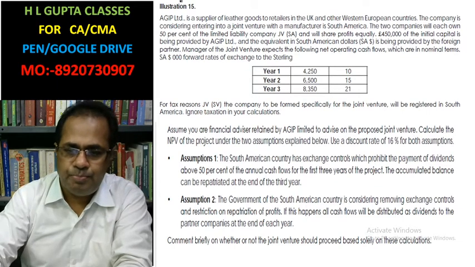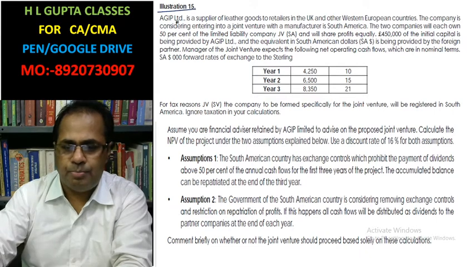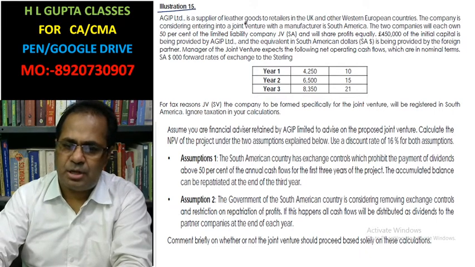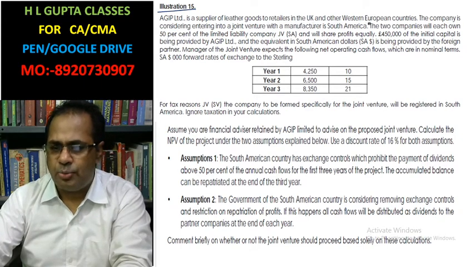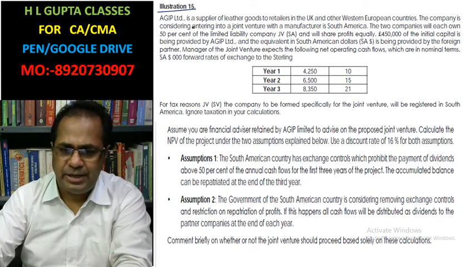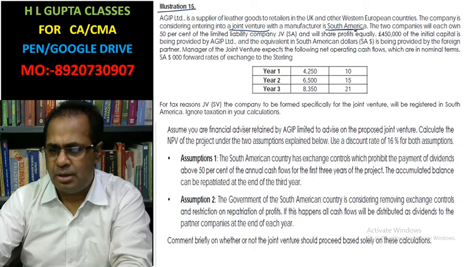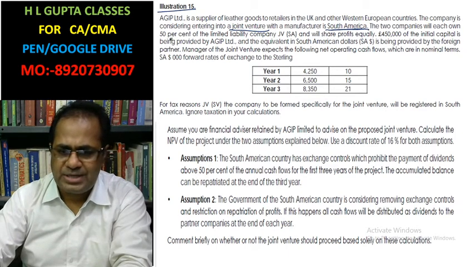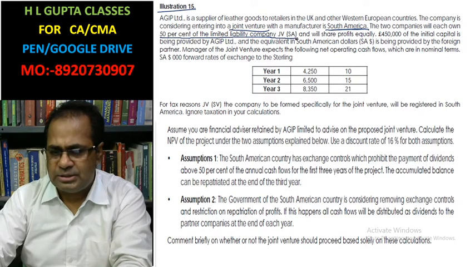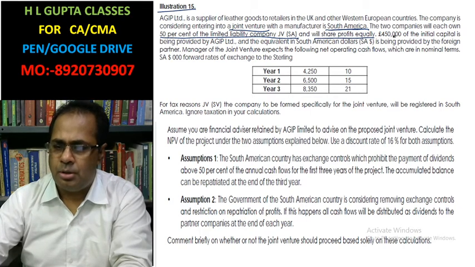This is illustration number 15. AGP Limited supplies leather goods through retailers in the UK and other Western European countries. The company is considering entering into a joint venture with a manufacturer of South America. These two companies will each own 50% of the limited liability JV South America, and will share the profit equally.